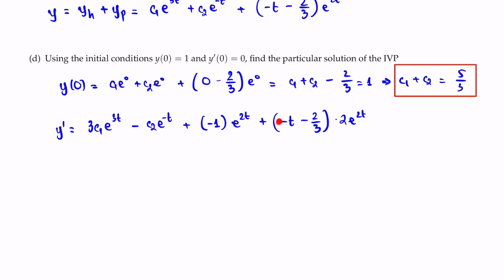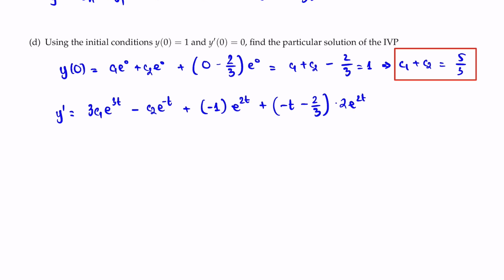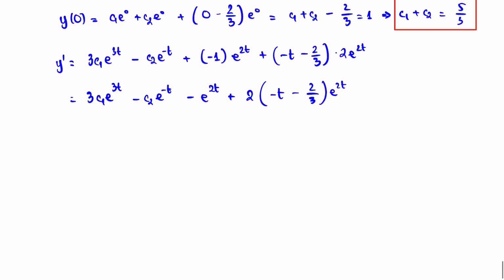So these two terms right here come from the derivative of this product. Okay, so simplifying the results a little bit, we got 3 times c1 e to the 3t minus c2 times e to the negative t minus e to the 2t plus 2 times negative t minus 2/3 times e to the 2t. And apply the initial conditions.